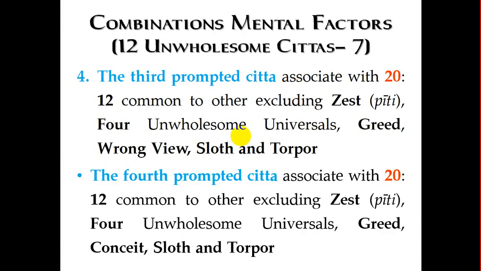As you know, feeling is associated with any type of citta. Of course, neutrality of the mind does not associate with any type of citta, only beautiful citta. Here, equanimity is a feeling, so it can associate with any type of citta, even up to the supramundane level. Here it is an unwholesome feeling.